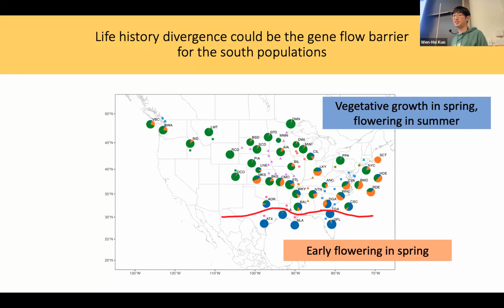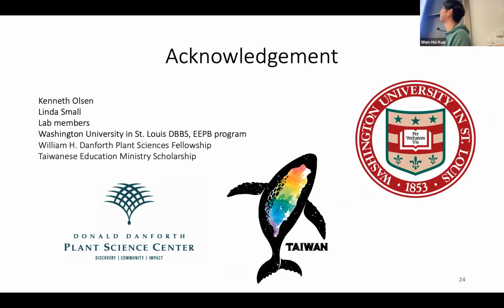And cyanogenesis, although it is still an important trait in local adaptation, its role in the overall fitness of adaptation still needs some further investigation. And yeah, that's it. I need to thank my advisor, our lab members, and also my funding sources. So any questions?